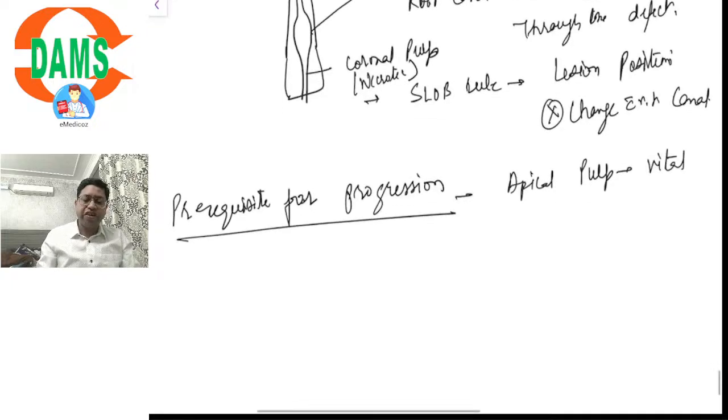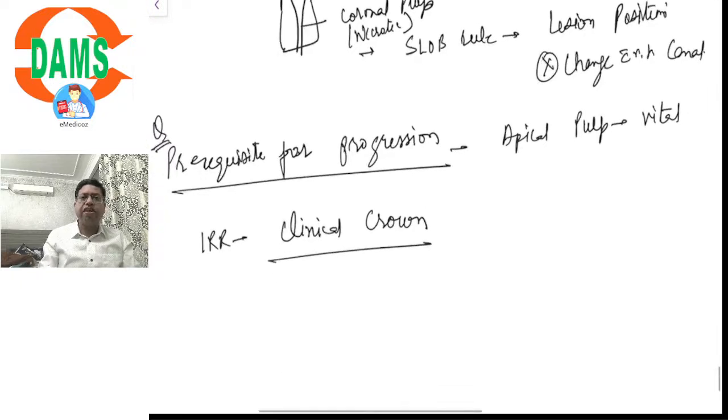So these are the two things that you have to remember: prerequisite for the progression and prerequisite for the initiation of internal root resorption. Now, this internal root resorption, when it occurs in the clinical crown of the tooth, although it is called root resorption, it can occur anywhere in the pulp cavity.